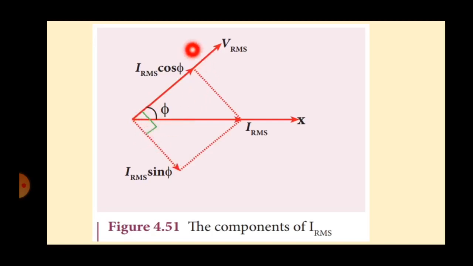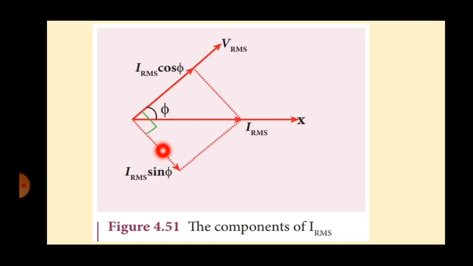Now Irms cos phi is in phase with the RMS voltage, so the RMS voltage and Irms cos phi are in the same line, but Vrms and Irms sin phi are at 90 degrees, perpendicular to each other.